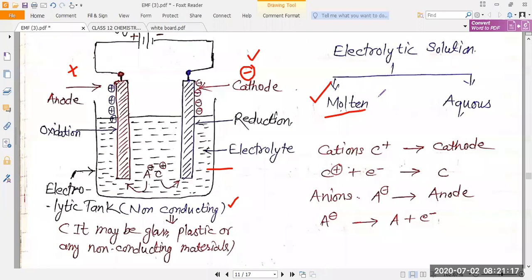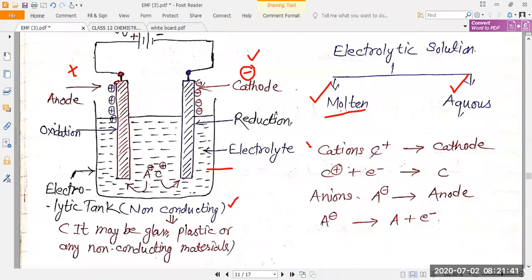In molten electrolytic solutions, the electrolytes are present in their liquid state, while in aqueous electrolytic solutions, the electrolytes are first dissolved in water, then they are filled in the electrolytic cell.